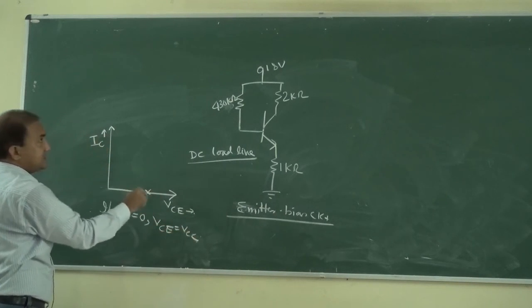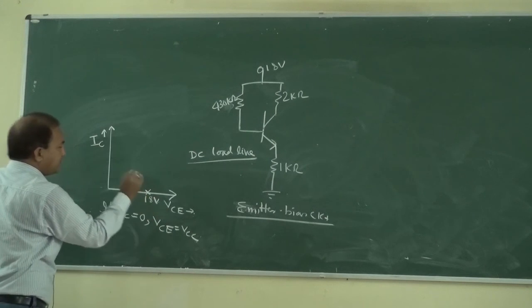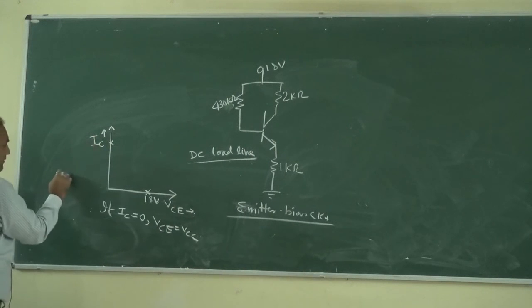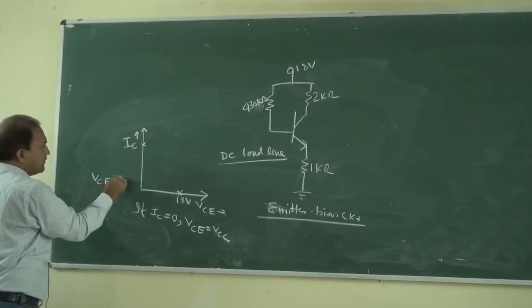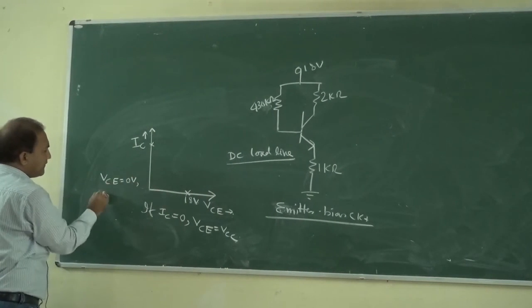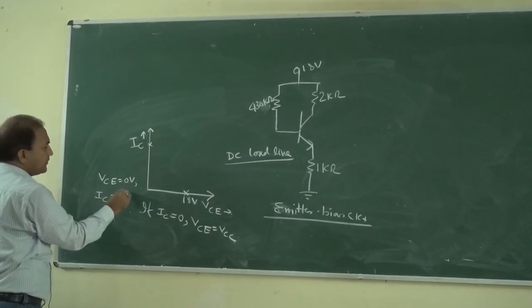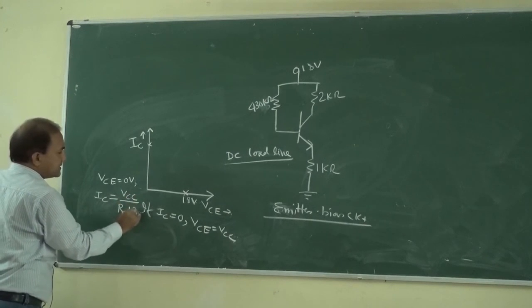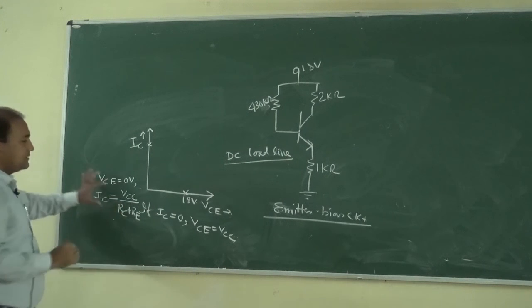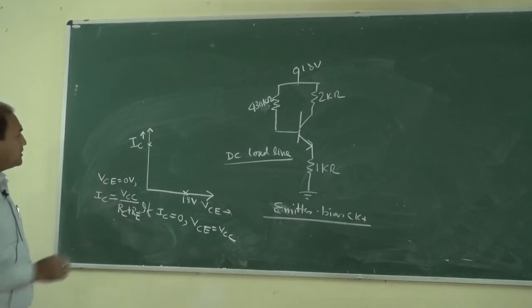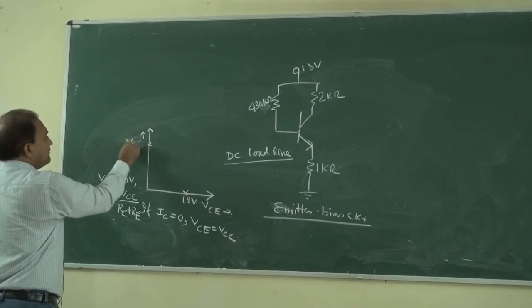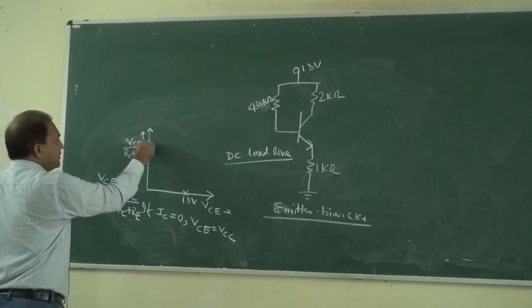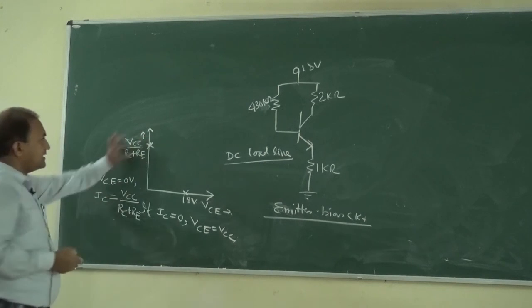So this point is VCC, which is given as 18 volt. And when VCE is equal to 0 volt, then IC is equal to VCC divided by RC plus RE. So we are getting this point.